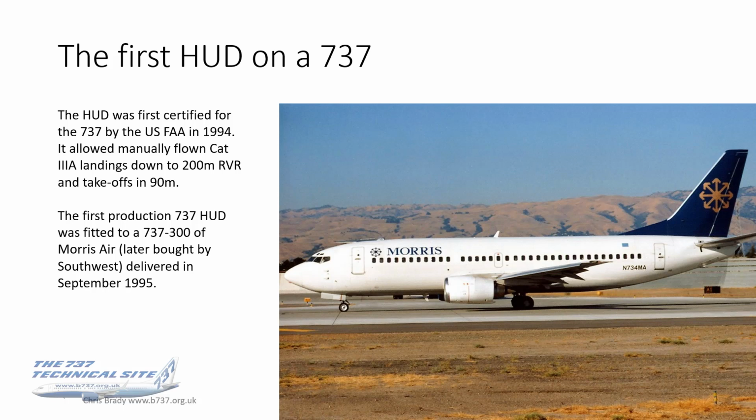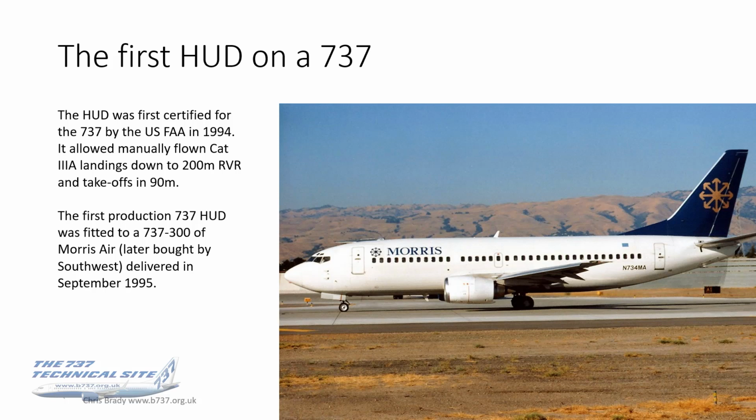So the HUD was first certified for the 737 by the FAA in 1994. Surprisingly long time ago. That's almost 30 years ago now. And this allowed for manually flown Cat 3A landings down to 200 meters RVR, and also takeoffs in 90 meters.